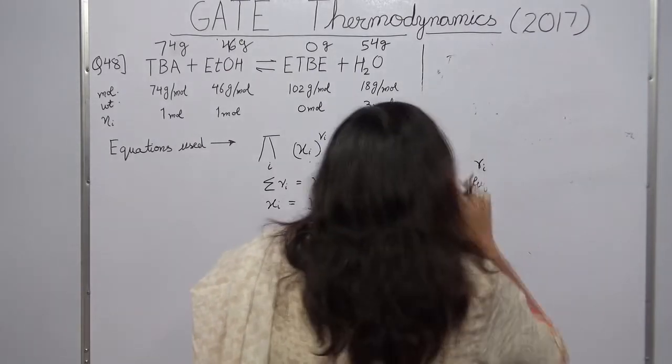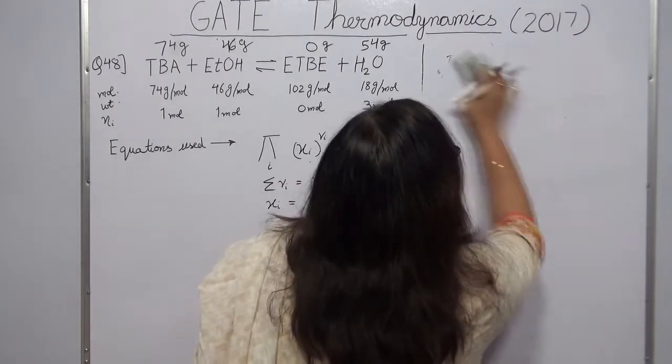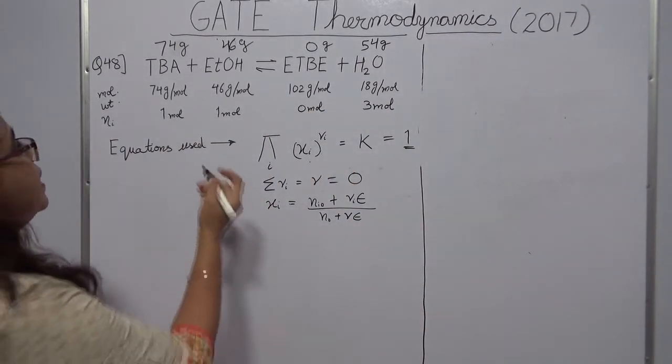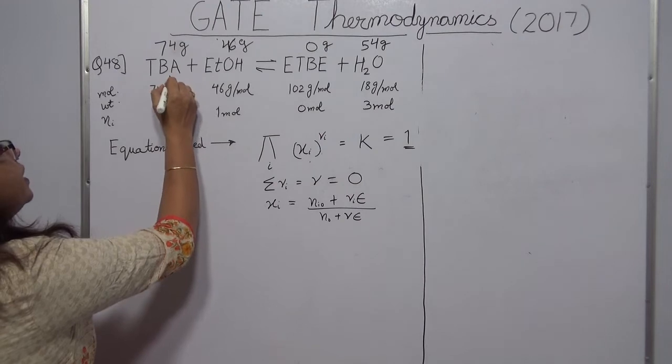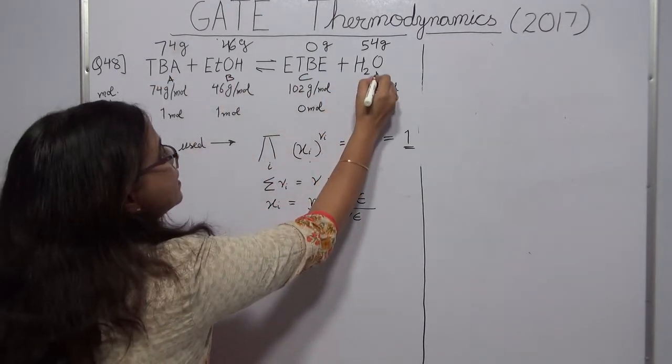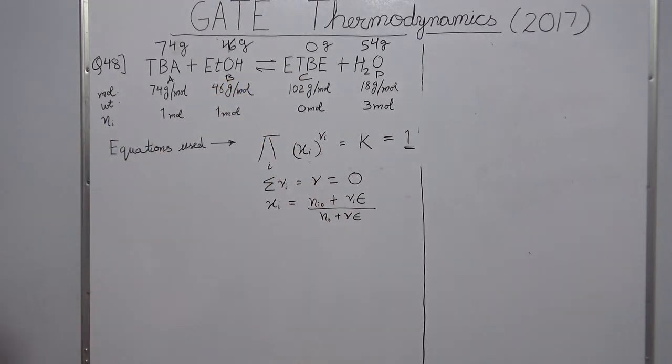Okay, so let's first write down the mole fractions of the different components. For simplicity, I will say that this is component A, this is component B, this is C and this is D. This is the terminology I am going to use.